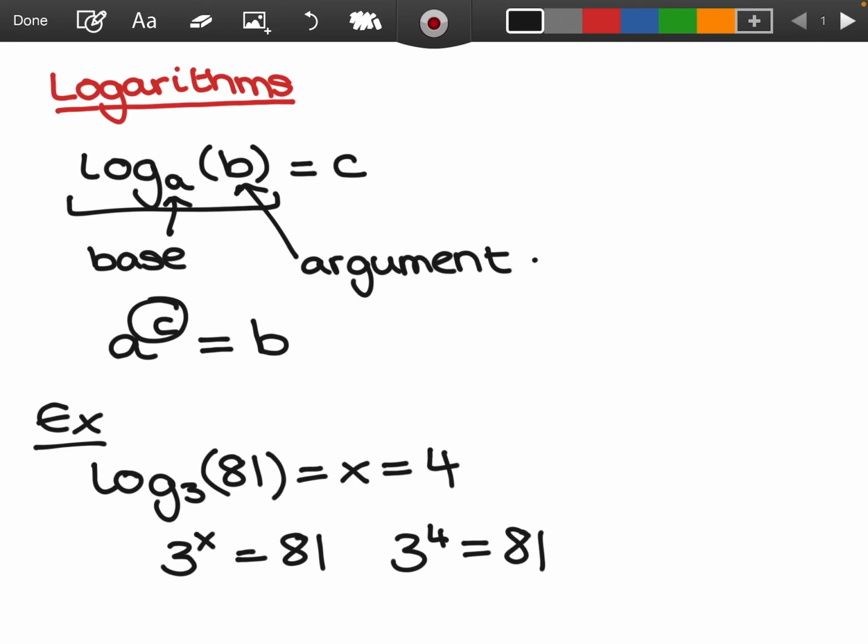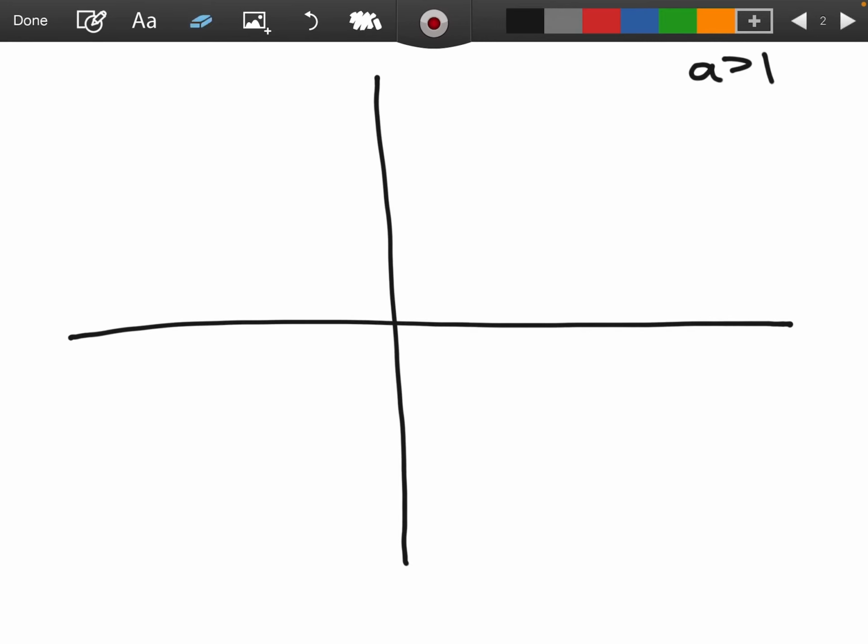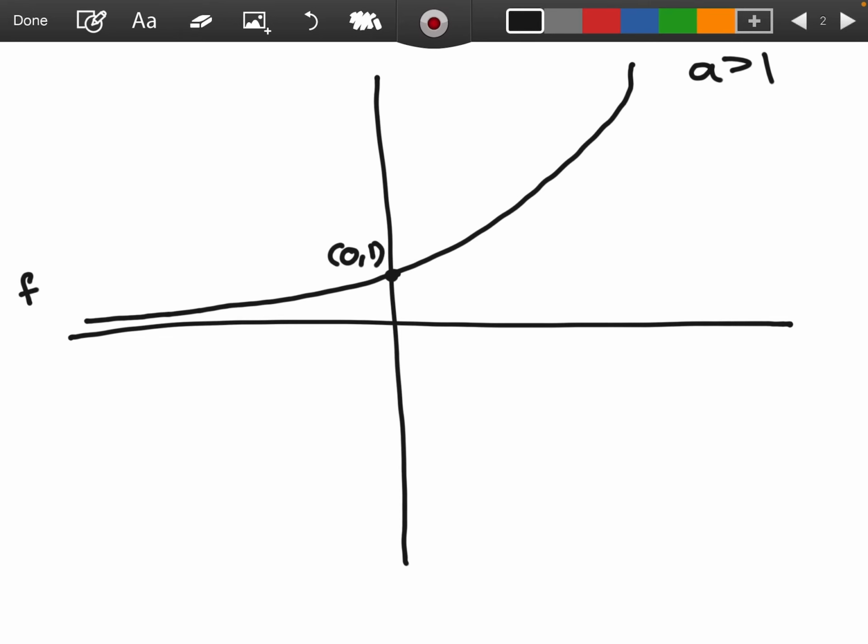Like I said, logs and exponential functions are actually inverses of one another. Let me draw out a quick graph for you. I'll take the value of a to be greater than 1. When I drew the exponential function f of x is equal to a to the power x, this is what that function looked like on a graph when a was greater than 1.